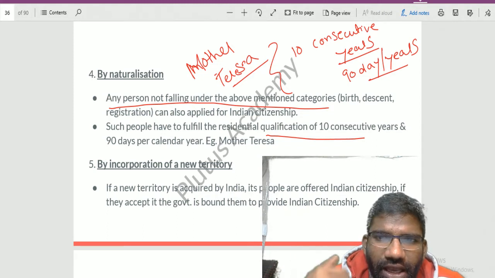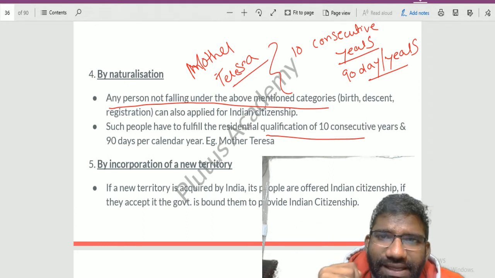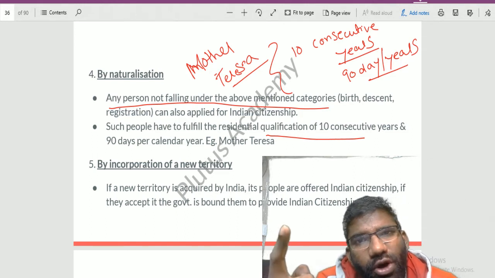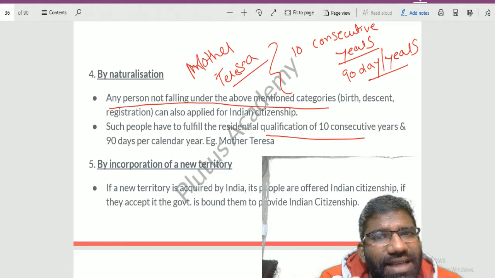By birth, if the child is born in India, and either one or both the parents are Indian citizens, then the person becomes an Indian citizen by birth. By descent, if a child is born outside India, but at the time of birth one or both the parents are Indian citizens, then the person gets Indian citizenship.